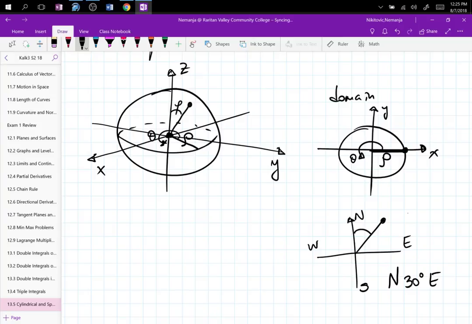And bearings measure everything from north. So you go north 30 degrees east or 30 degrees west, right? So that's the way the bearings work. The same deal for angle phi. It measures from the positive z-axis, and then how much you fall one way, how much you fall the other way, away from the z-axis.